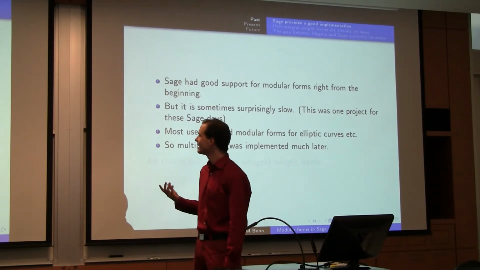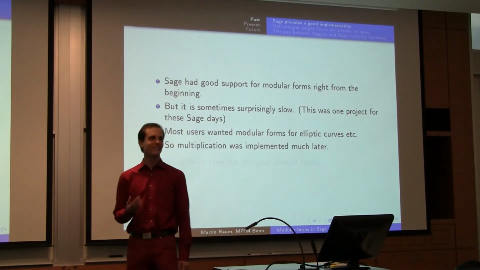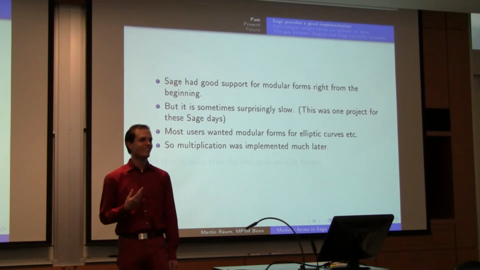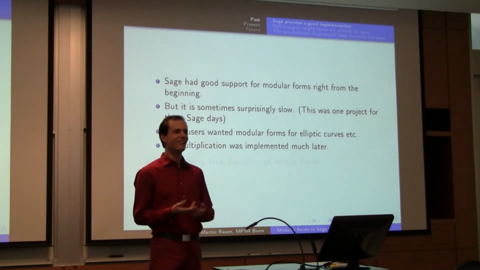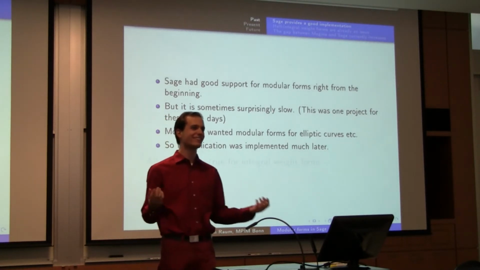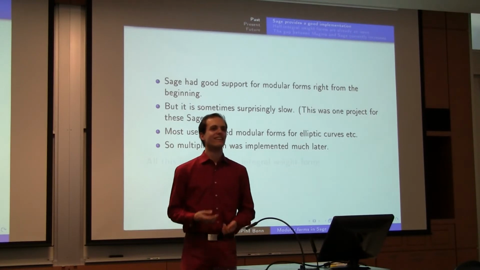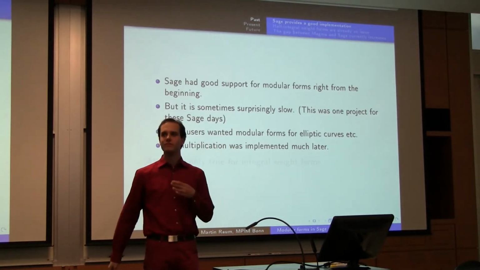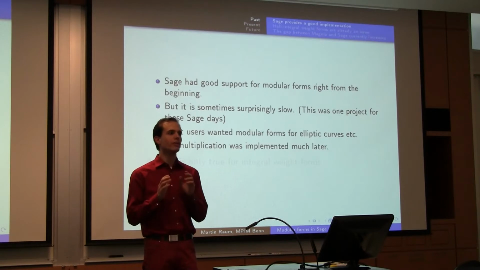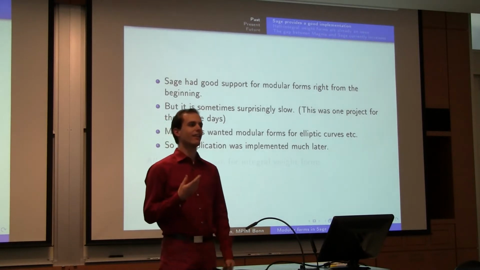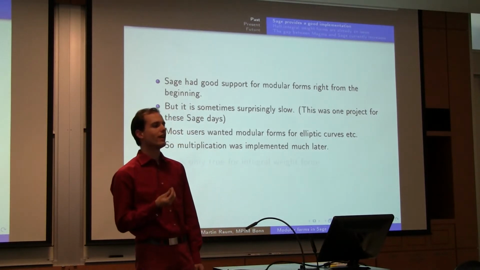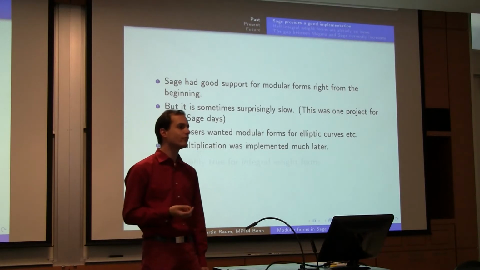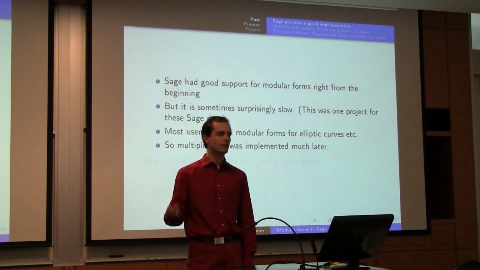What's really striking to me, and why I'm mentioning it, is that multiplication of modular forms wasn't implemented for a very long time, though it's very trivial. You take the power series, you multiply them, and you recognize them again. So mainly people were thinking from one point of application, and then they were missing this crucial thing that other students, for example in Aachen, were really missing when I was demonstrating Sage.